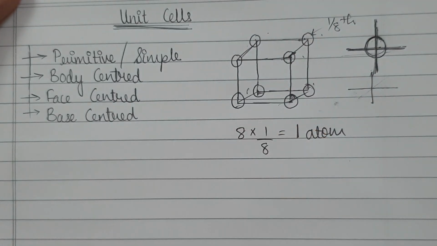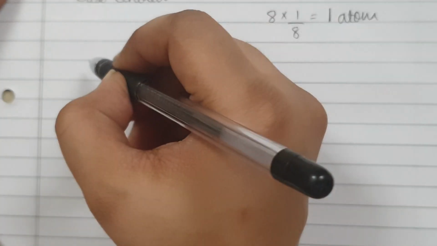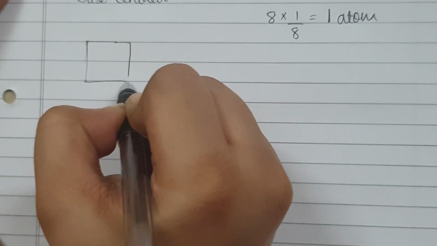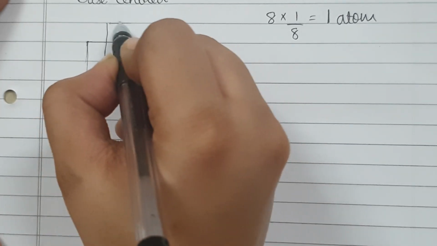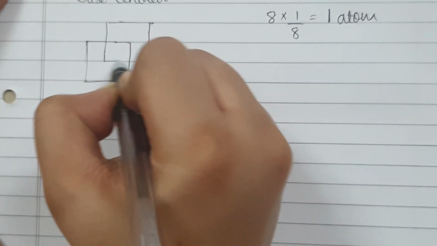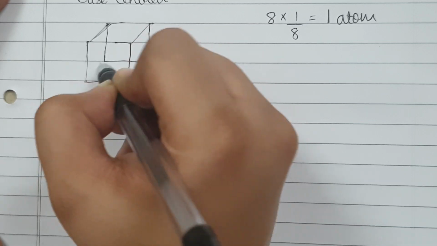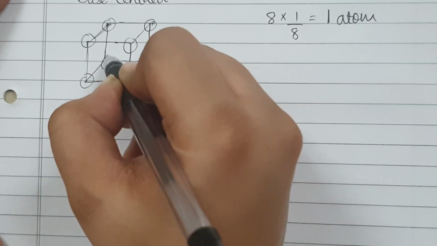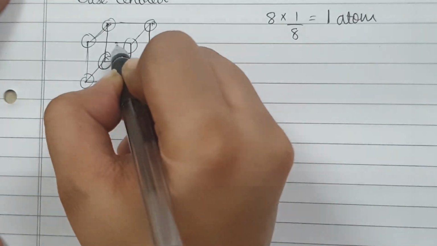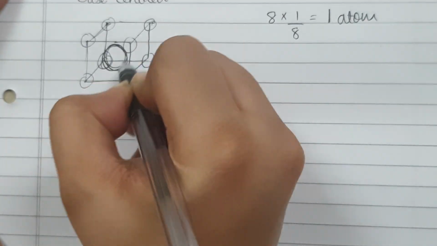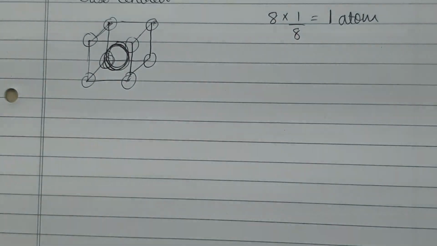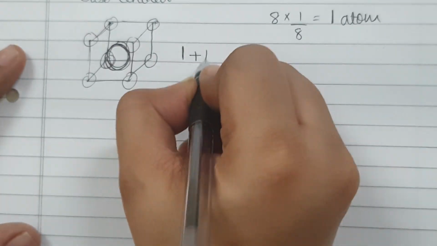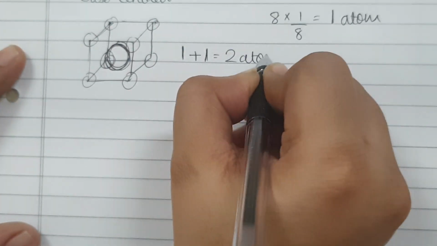So how do you have that? Basically in body centered, if this is your unit cell, what happens is, other than these 8 atoms, you will have one atom in the center as well. Okay, so how many atoms are there? These 1/8, that is one atom plus one whole atom in the center, so that's 2 atoms.